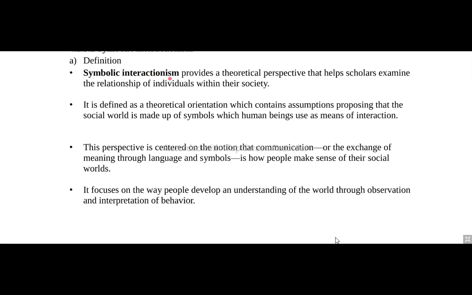So it is symbols that are used for interactions, or when you're communicating with each other, you use symbols. This perspective is centered on the notion that communication, or the exchange of meaning through language and symbols, is how people make sense of their social world.